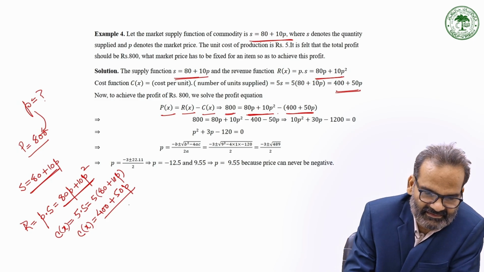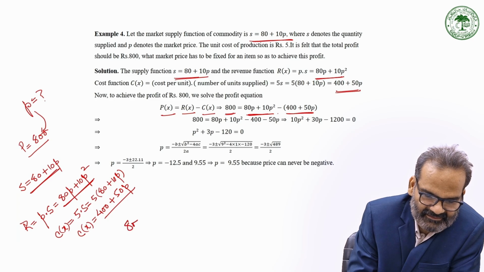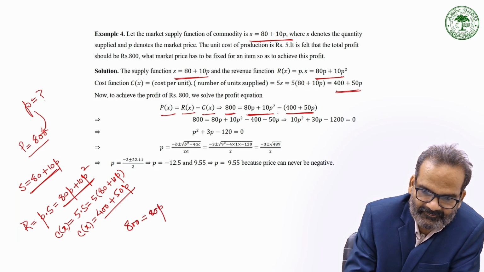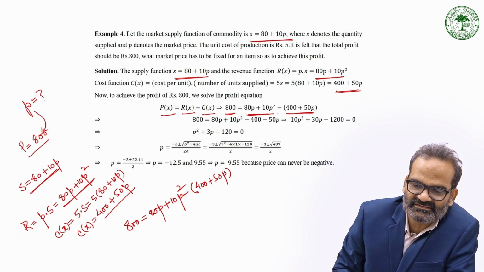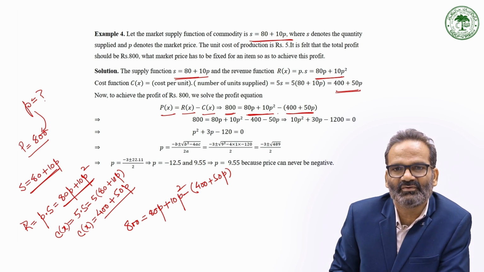So what are we getting here? 800 equals 80p plus 10p square, our revenue, minus cost, 400 plus 50p. We will have to solve this equation to find the value of p.